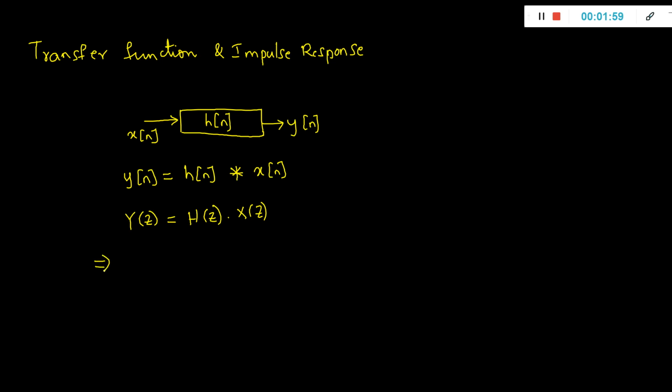So it means that I can rearrange this as h of z is equal to y of z divided by x of z. Now this is called the transfer function of the system. Very simple to understand.